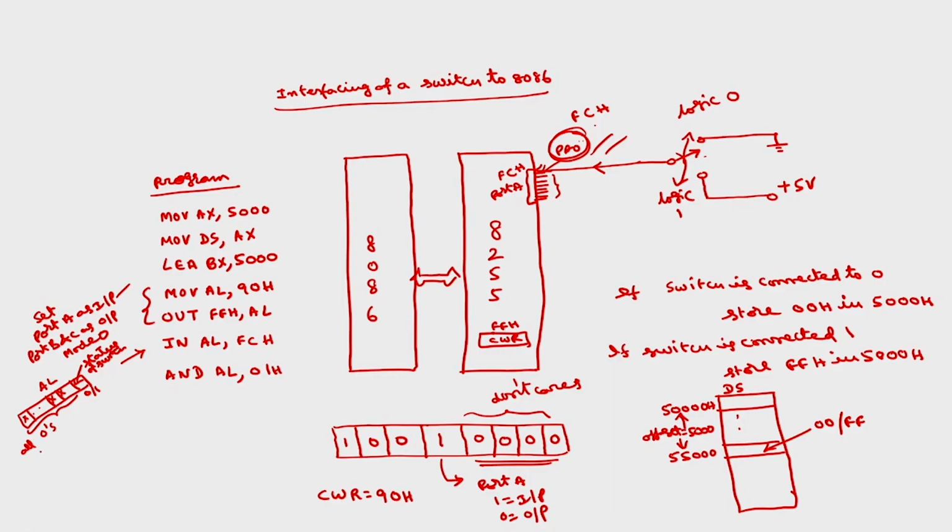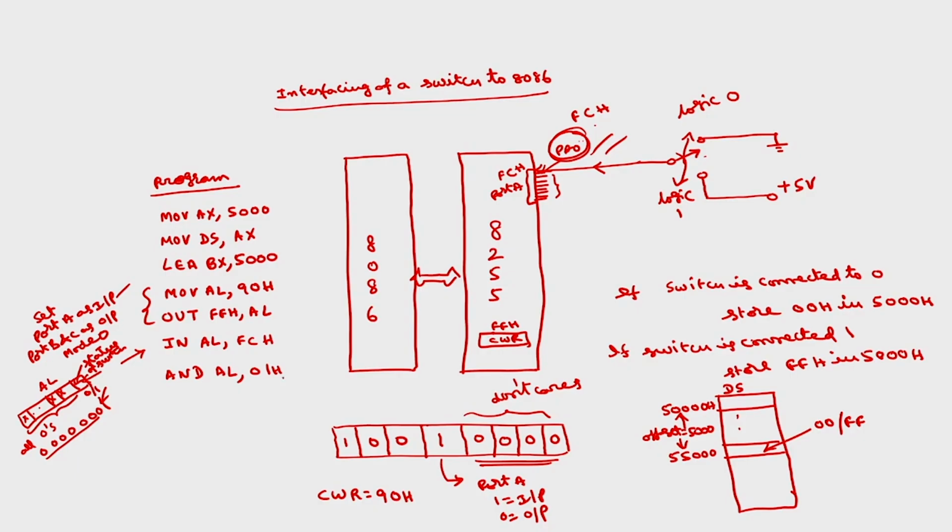The data you are ANDing with is 0 0 0 0 0 0 0 1. So, what happens? This bit remains the same, whereas all the remaining bits become zeros. After this AND operation, if the result in AL is 0, the switch position is 0. If the result in AL is non-zero, because the remaining 7 bits are zeros, the switch is connected to logic 1.